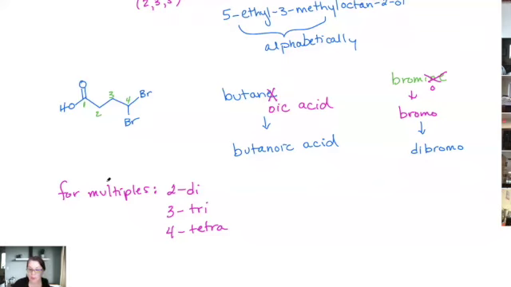They're both on 4. So we're going to say that we have 1 on carbon 4, comma, another 1 at carbon 4, dash. Because we could have a dibromo and them being on carbon 2 and 4, or 3 and 2, or any combination thereof. So each substituent gets its own number.